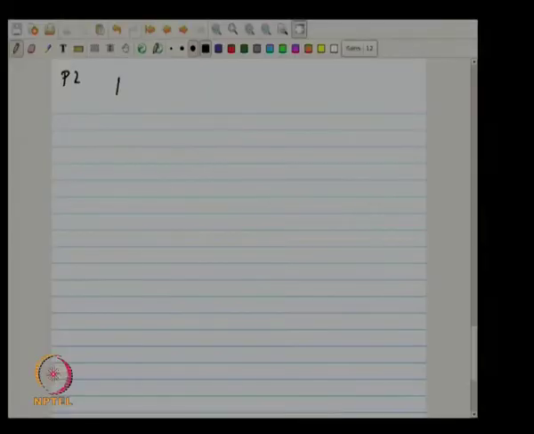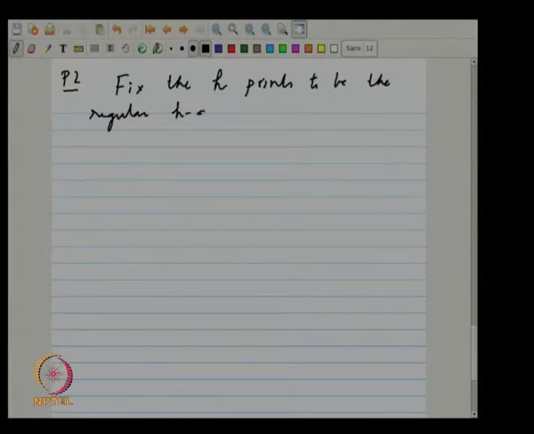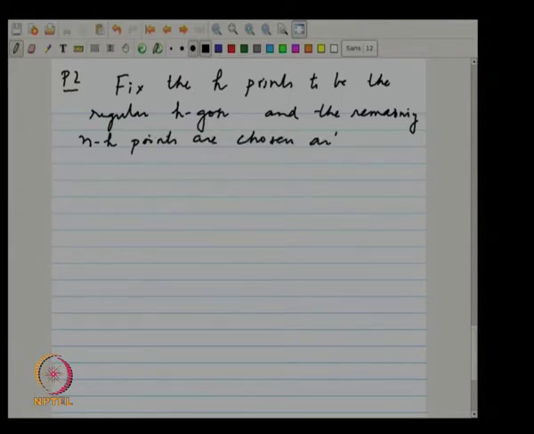So P 2 is: fix the h points to be the regular H cone, and the remaining n minus h points are chosen arbitrarily.